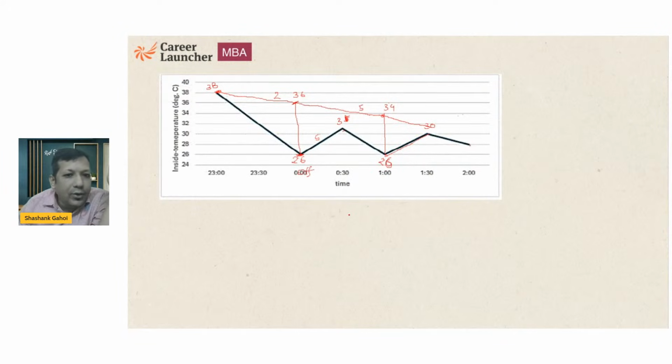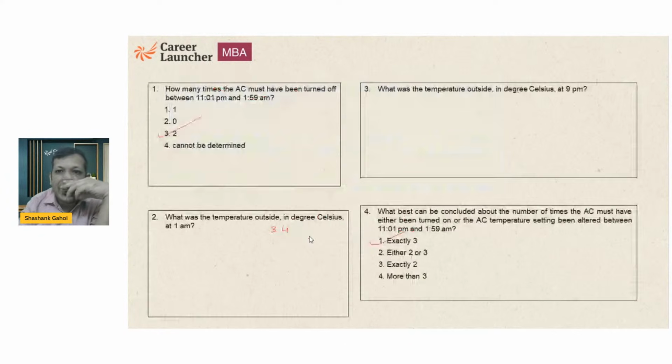So at 11 o'clock temperature is 38, at 12 o'clock temperature is 36, at 1 o'clock temperature is 34. So at 10 o'clock temperature should be 40, at 9 o'clock temperature should be 42. So the outside temperature is going to be 42 degrees.